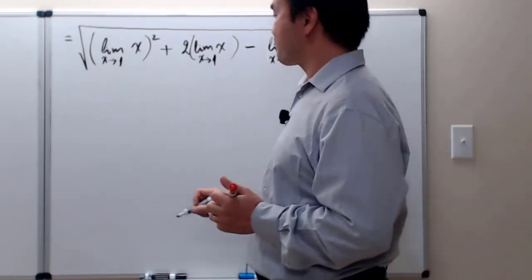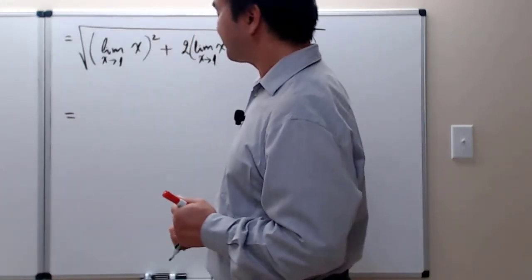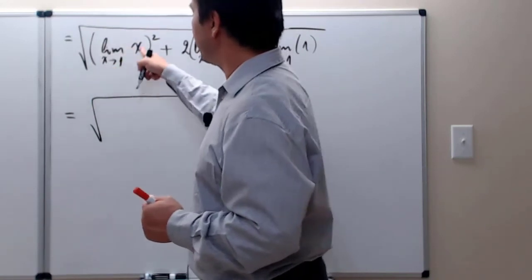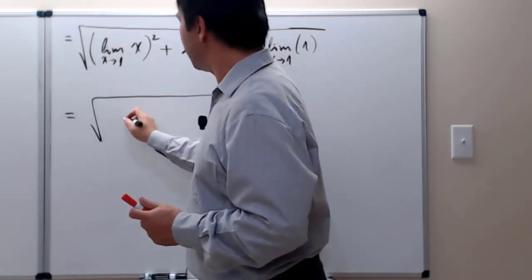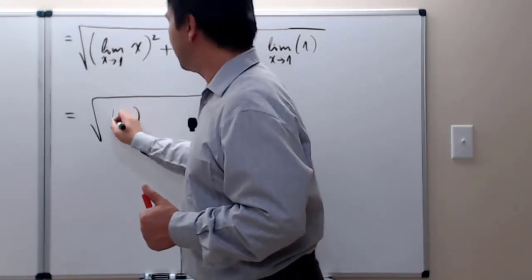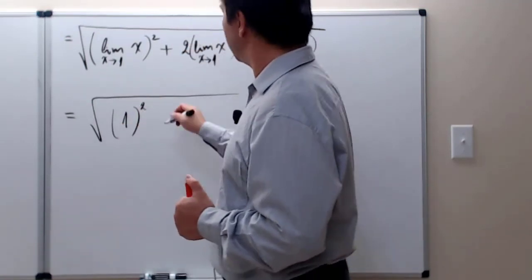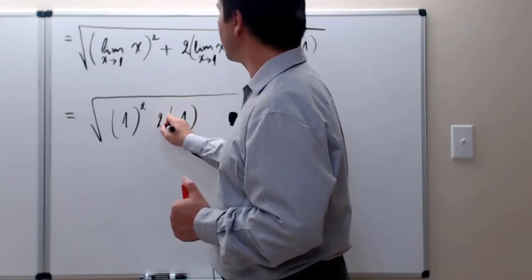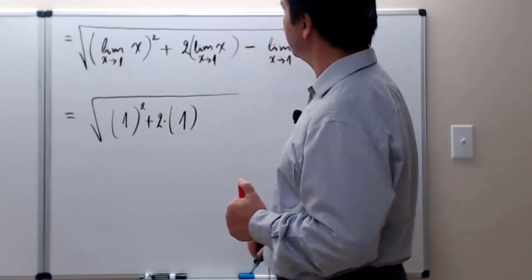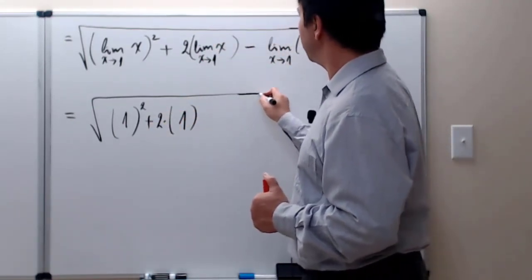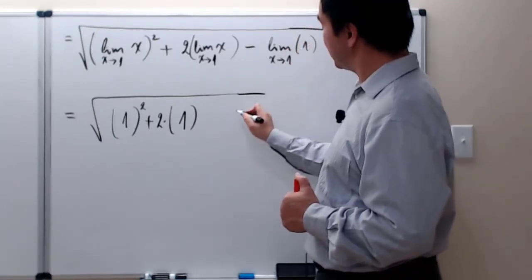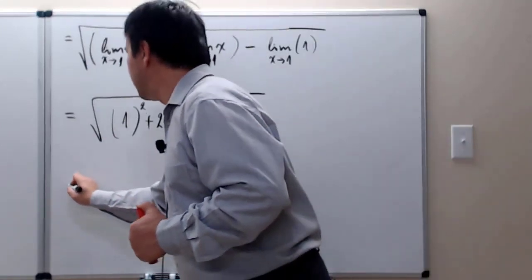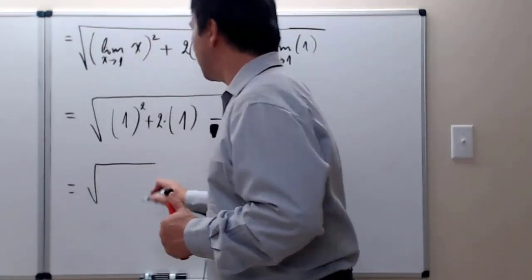And so in my next step, this limit here is easily understood. It's 1, and now that limit is going to get squared. This limit here is 1, but needs to be multiplied by 2 and added to the other term. And this overall limit in my third term inside the square root is going to be 1, and so minus 1. So now we can go ahead and proceed with the calculation.